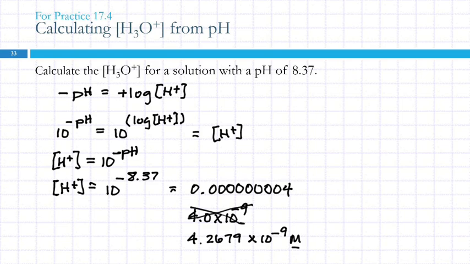So that's not right. So we should call this 4.3 times 10 to the minus 9. Any questions?